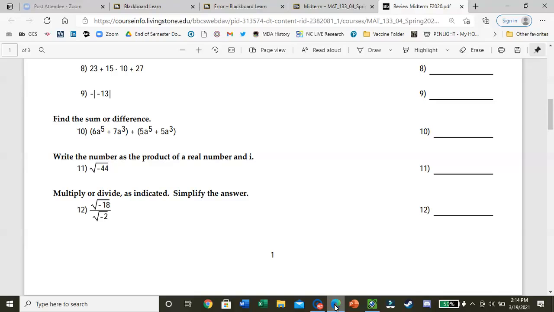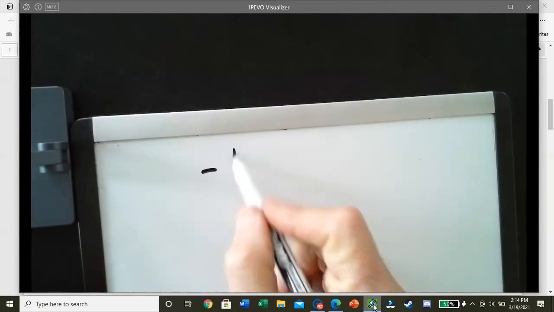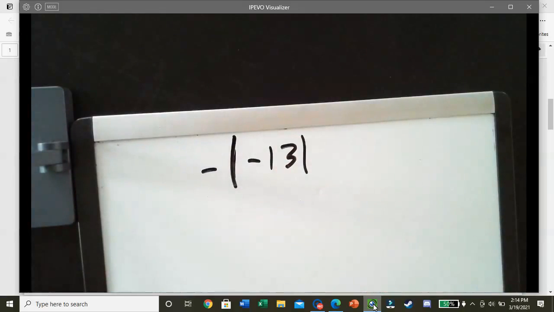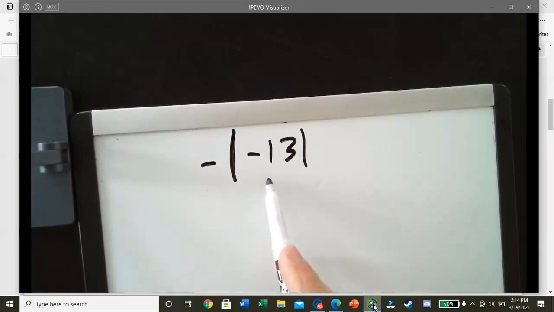Number 9. Let's look at absolute value. Let's go over the concept of absolute value. We've got the absolute value of negative 13. Absolute value means the number of units from 0.